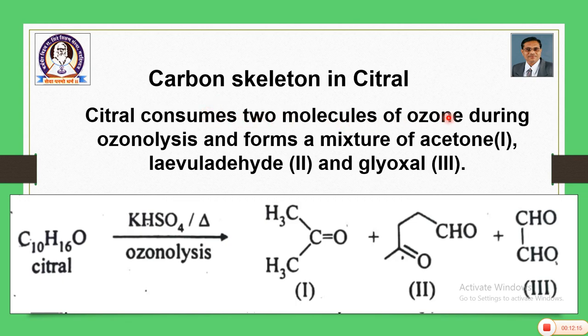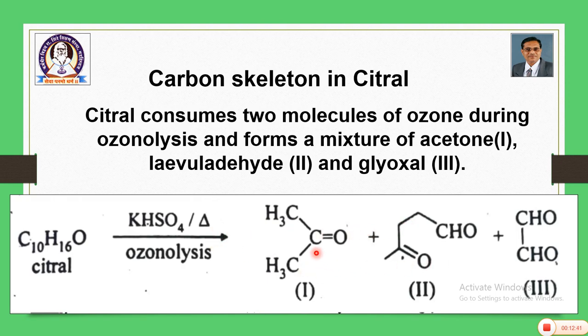Then there is one more evidence. Citral consumes 2 molecules of ozone during ozonolysis and forms a mixture of acetone, levulinaldehyde and glyoxal. So, this is the formula for citral with KHSO4 and it is followed by ozonolysis. We get these 3 compounds, one is acetone, then levulinaldehyde and glyoxal. So, you remember these products.